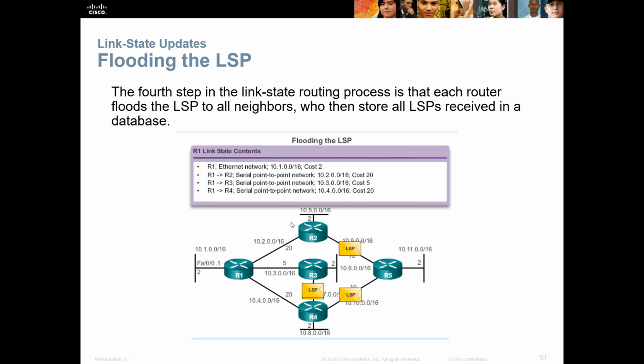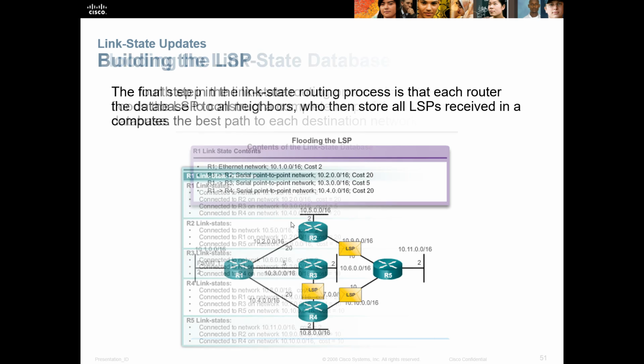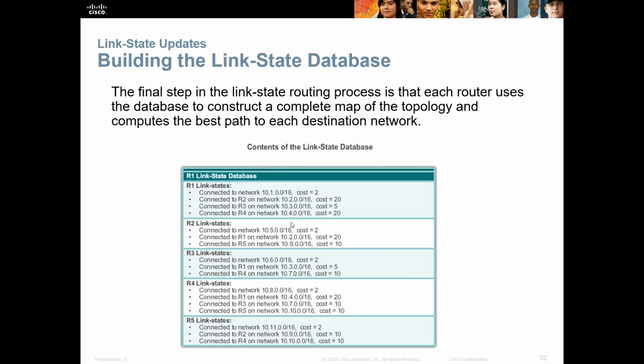Step 4 is it will flood the entire network with all of the LSPs for each of the routers, so that each router will then have all of the information for all of its neighbors. That way the link state database will show all of the appropriate connected networks and all the ones that are shared and their associated costs.